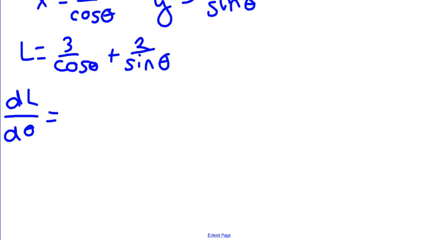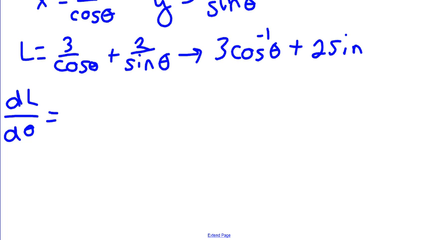So keep in mind that the above statement is exactly the same thing as 3 cosine to the negative first of theta, so if I move them up to the top, plus 2 sine to the negative first of theta. So now when I do my derivative, I have to bring down the negative 1, so that becomes a negative 4 times the cosine to the negative second of theta.